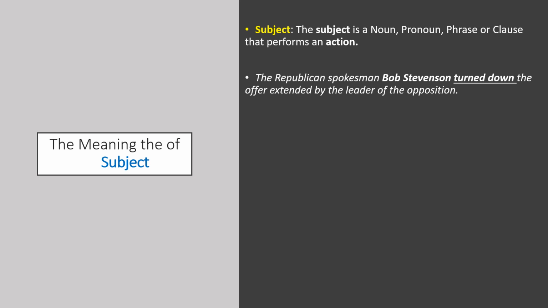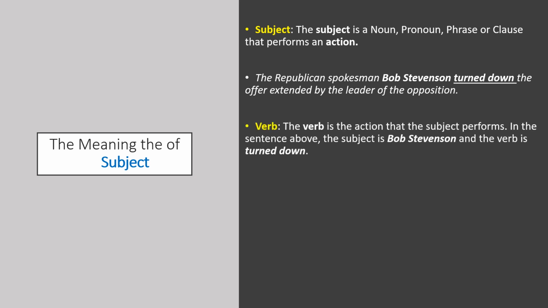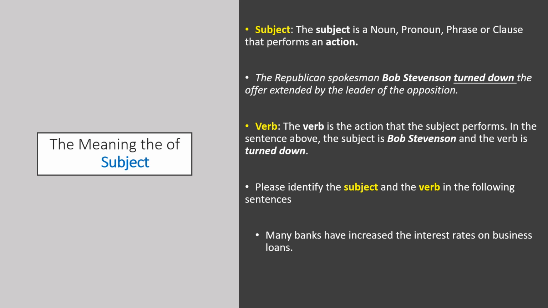Verb. The verb is the action that the subject performs. In the sentence above, the subject is Bob Stevenson and the verb is turn down. Please identify the subject and the verb in the following sentences. Many banks have increased the interest rates on business loans.